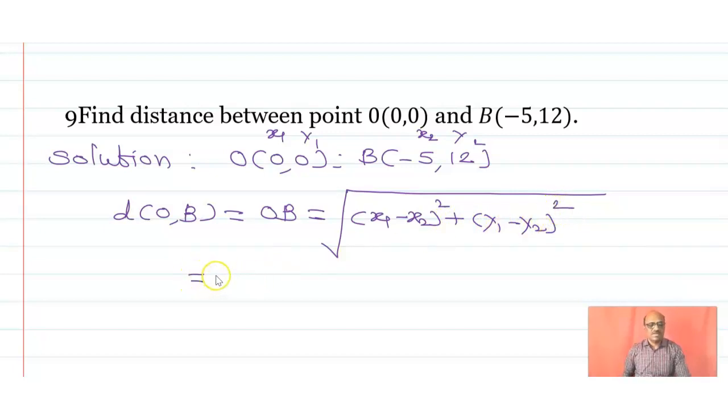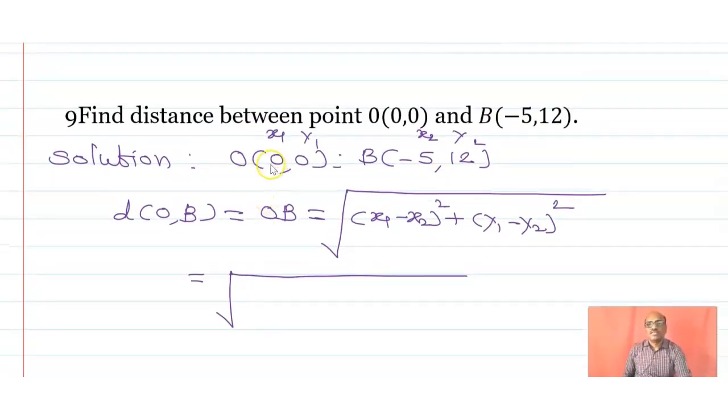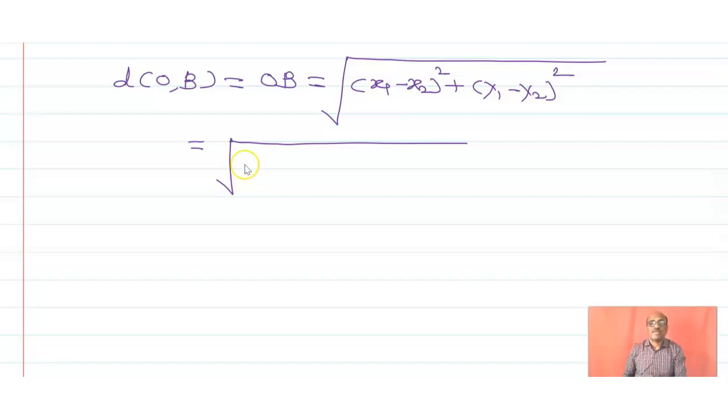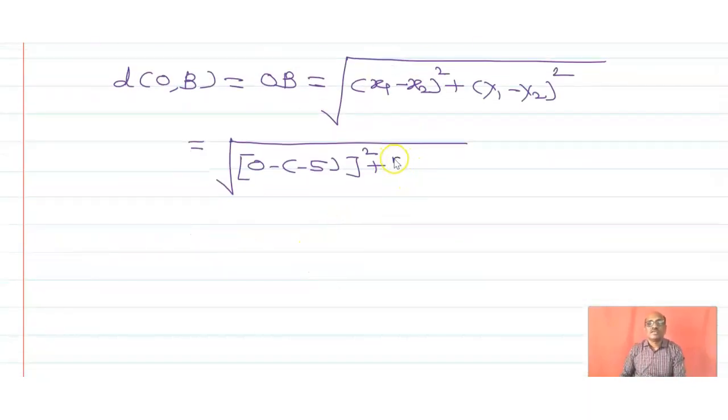Okay. And here we substitute the values, that is square root of, okay, square root of 0 minus in bracket minus 5, 0 minus in bracket minus 5, we will do it like this every time. And what about the next, 0 minus 12, 0 minus 12 and it's a bracket square.